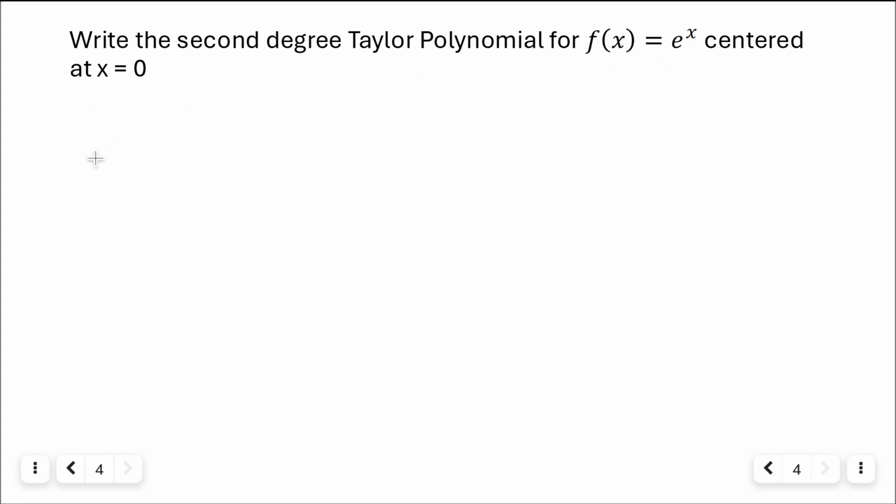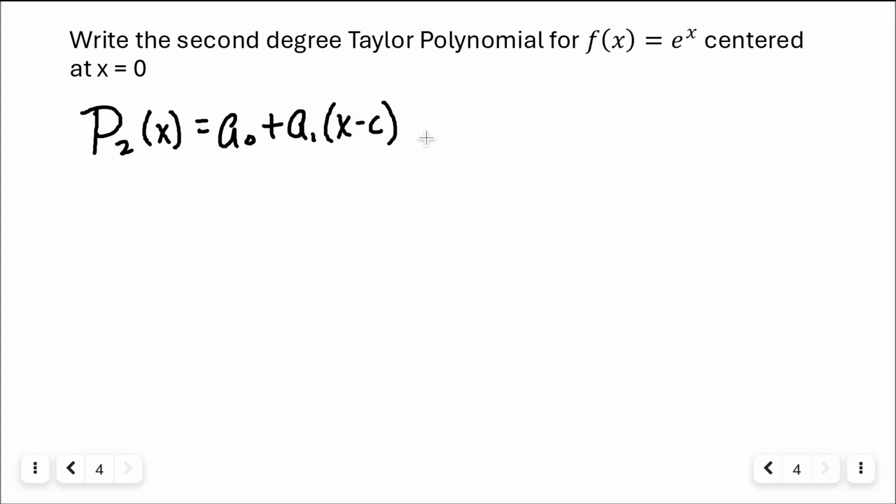Okay, here's what we're going to do. My second degree polynomial, we'll call it p sub 2 for now, is equal to some term a sub 0, then some term a sub 1 multiplied by x minus c, and then an a sub 2 with an x minus c squared, right? And you saw the beginnings of that with our tangent line from a moment ago.